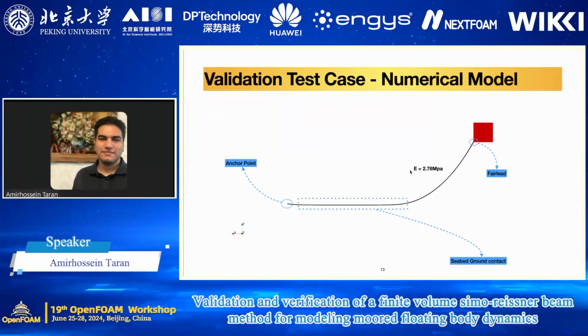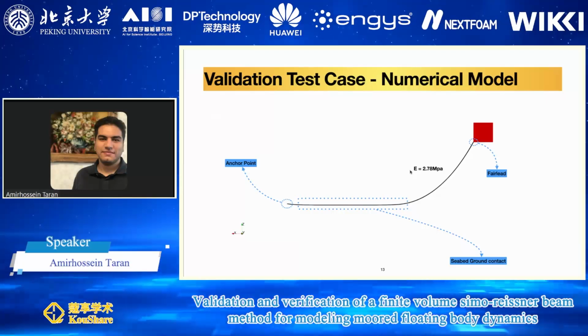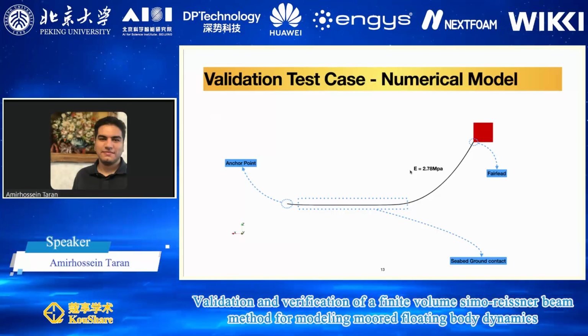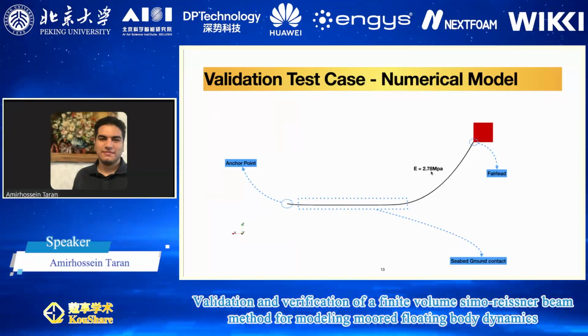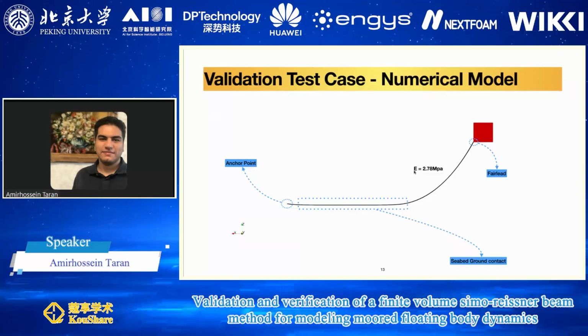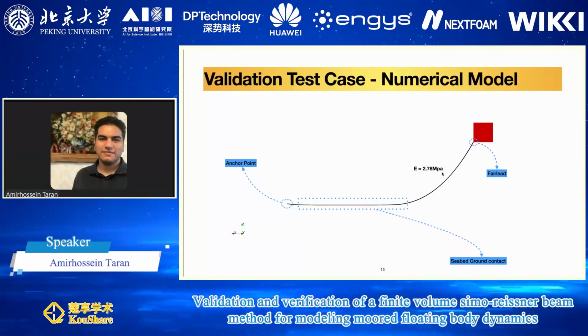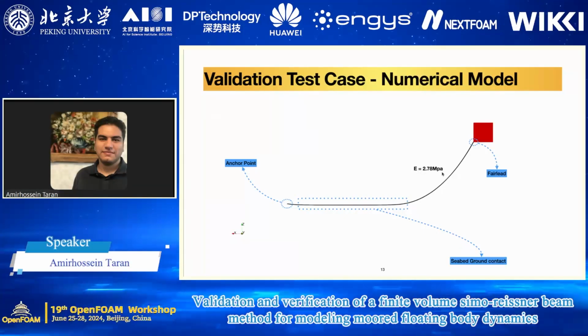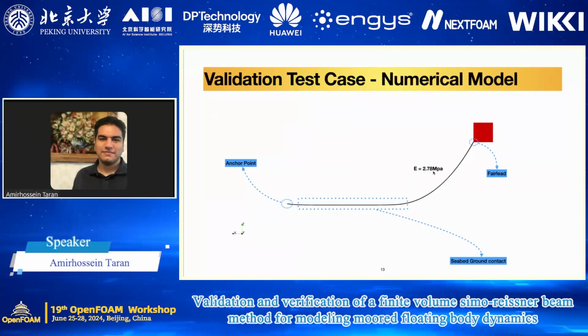The previous numerical works on different frameworks, not only OpenFOAM, also had to calibrate their own Young's modulus. For example, you see that it's a very small Young's modulus, but since there are some assumptions within the model, we had to use a smaller Young's modulus for our case.